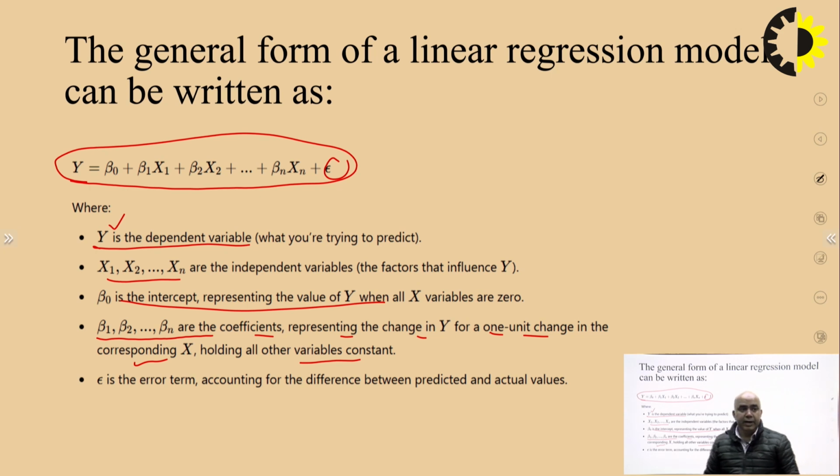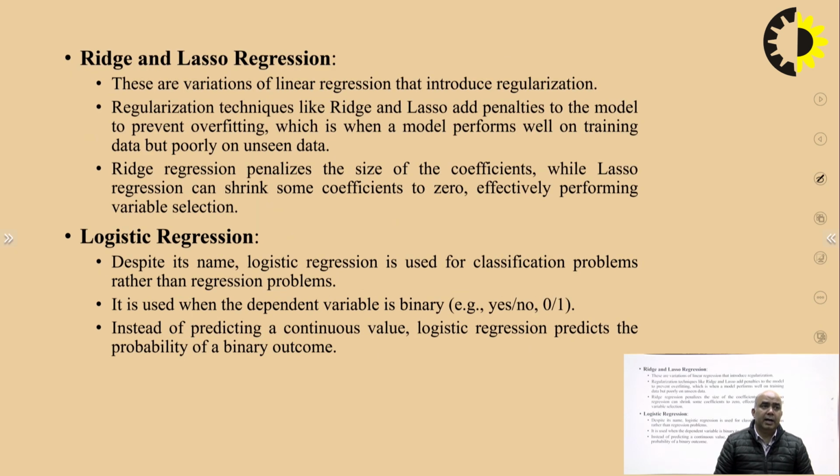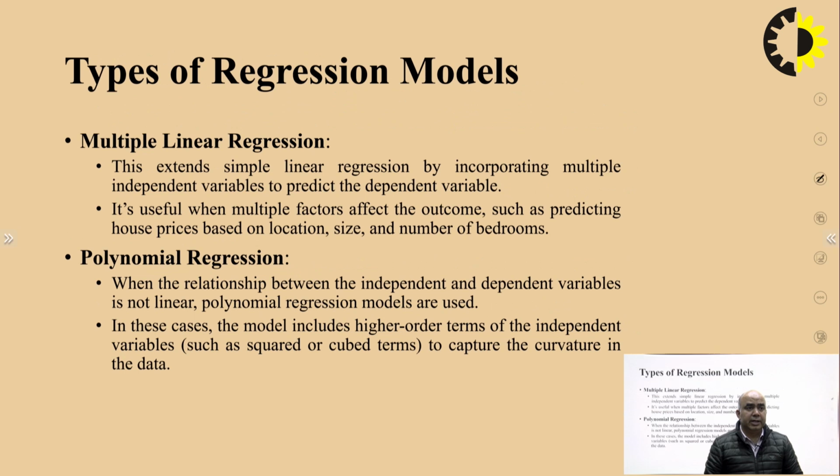Epsilon is the error term, which accounts for the difference between the predicted and actual values. There are different methods to validate those errors, which we will discuss later on. The types of regression modeling are multiple linear regression, polynomial regression, ridge and lasso regression, and logistic regression.